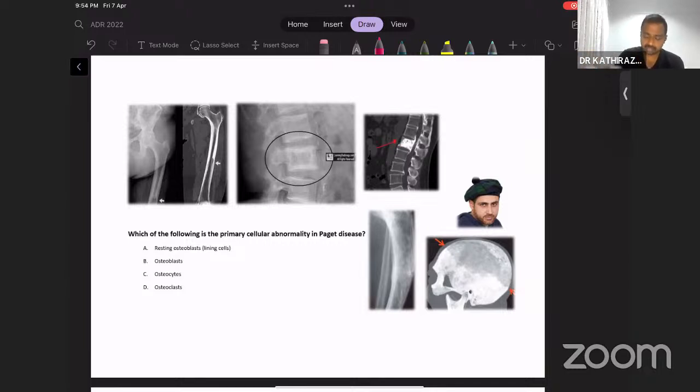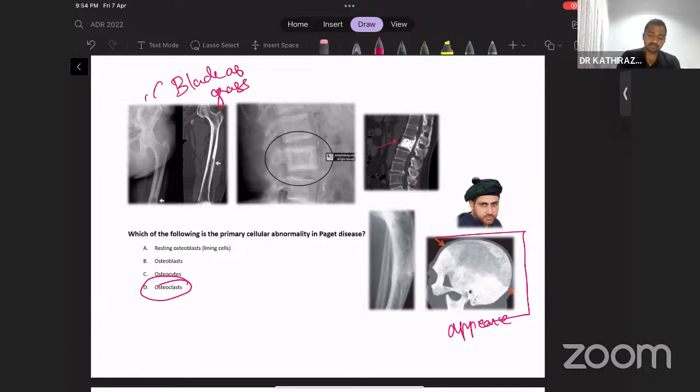We all know in Paget's, the problem is with the osteoclast. But now the question: what is this appearance? Can you all see this skull? What is this appearance called? You all know cotton wool spots. You all know blade of grass appearance.